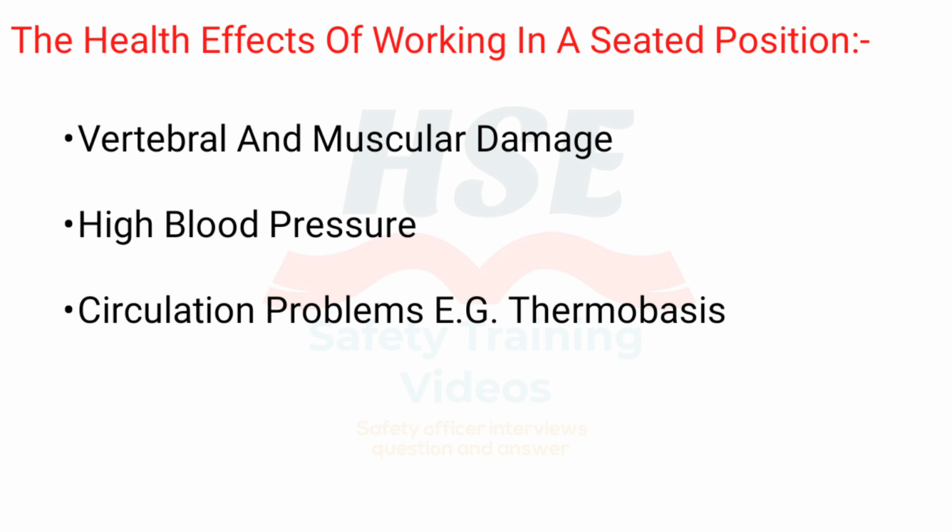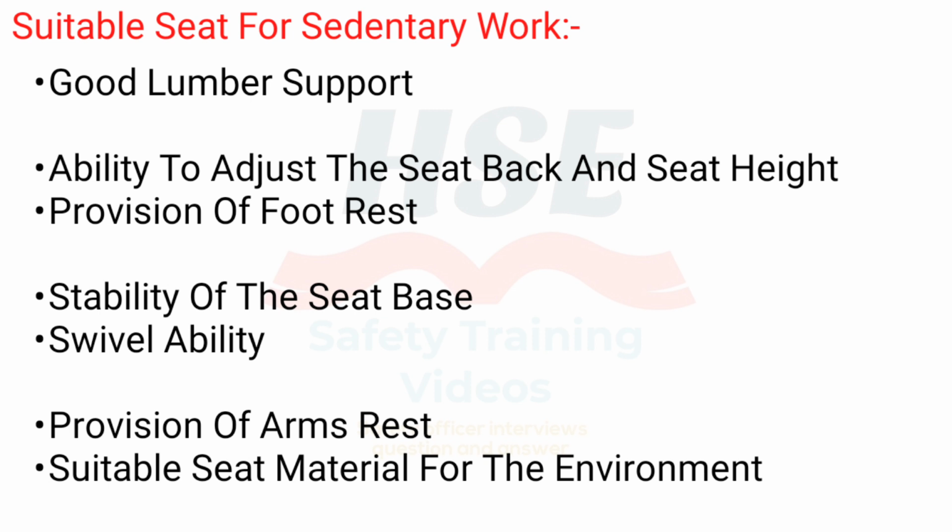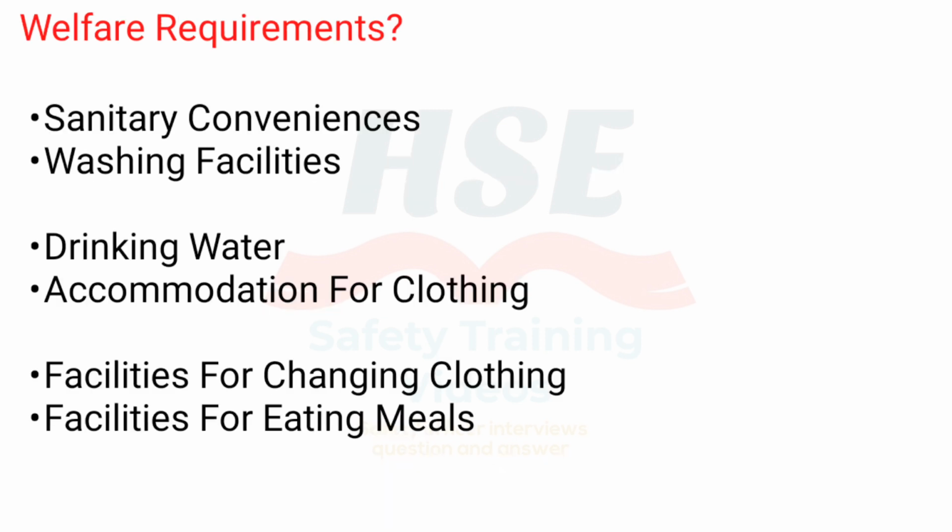vertebral and muscular damage, high blood pressure, circulation problems, for example thrombosis. Suitable seat for sedentary work: good lumbar support, ability to adjust the seat back and seat height, provision of footrest, stability of the seat base, swivelability, provision of arm rest, suitable seat material for the environment.